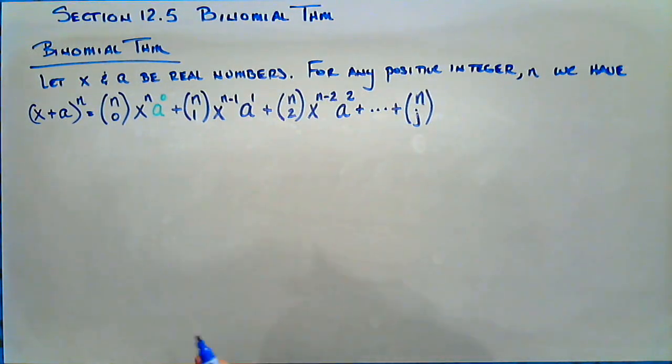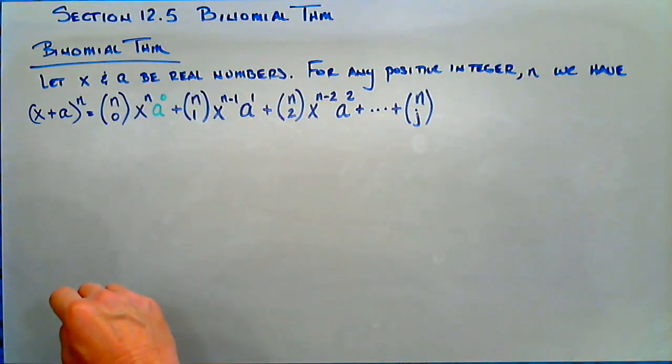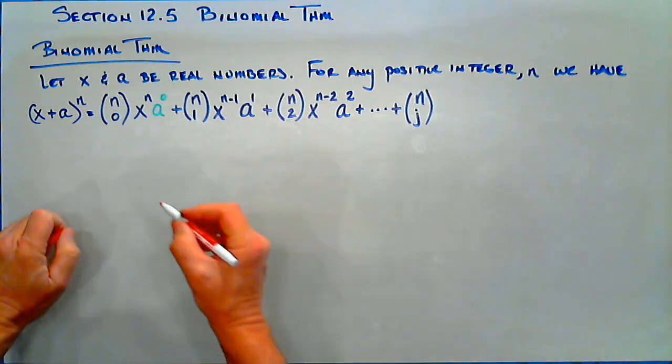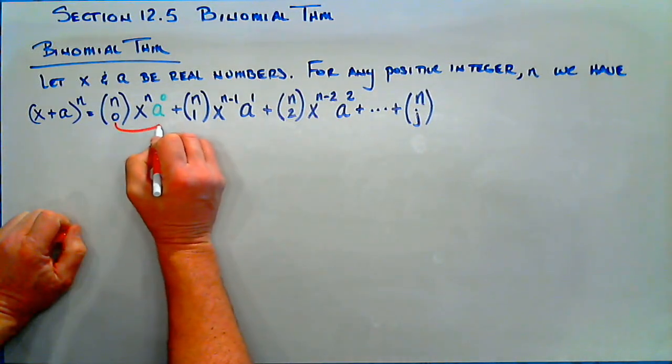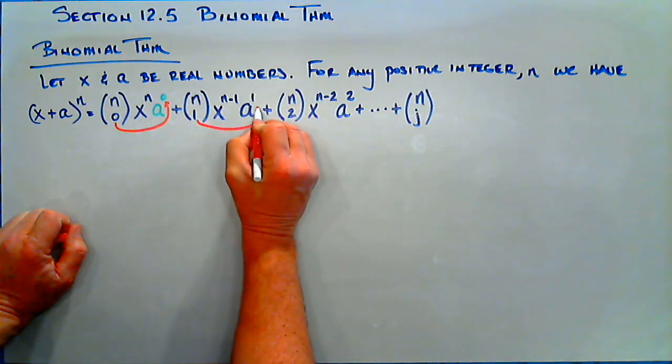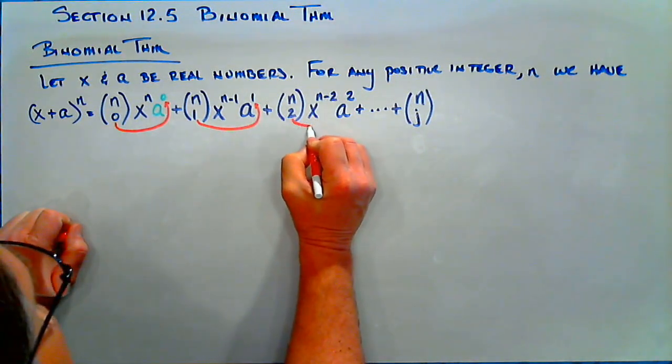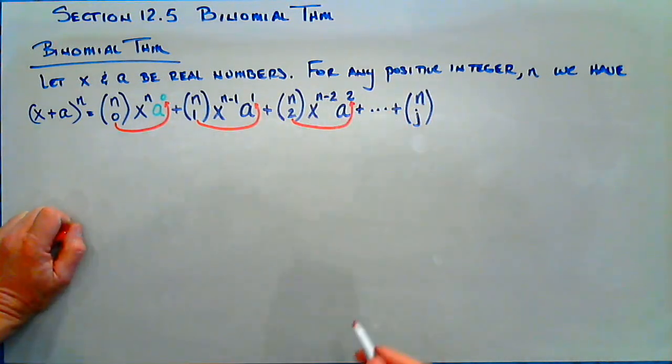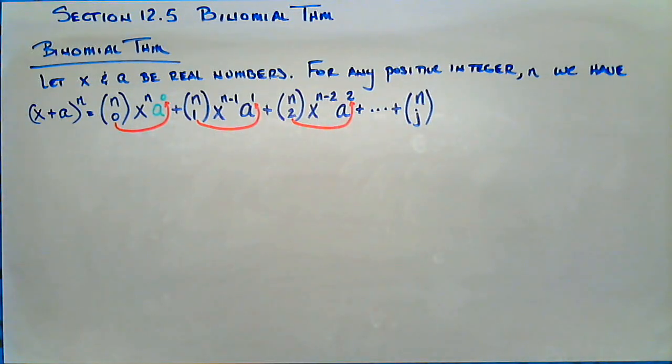Now, if you take a look, I'm going to draw some arrows here. If you take a look, this number is the power on a. That is the power on a.